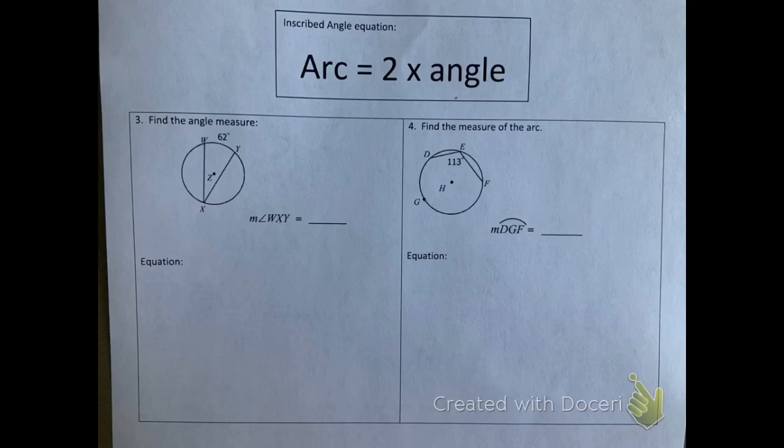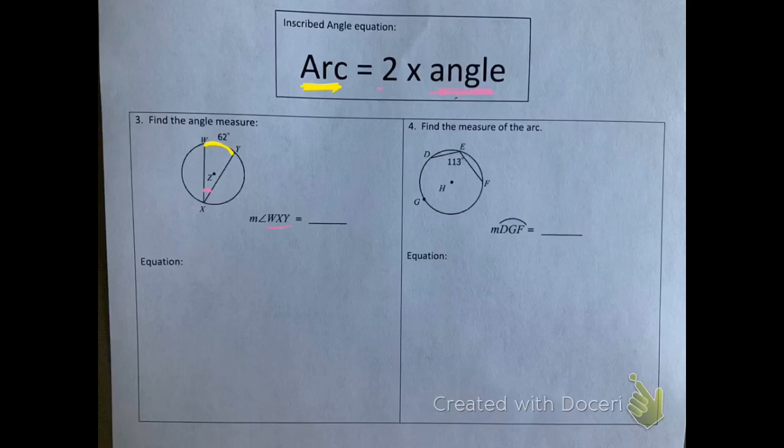So for these last 2 examples, we're going to use the observation of an inscribed angle in relation to the intercepted arc. And here is our equation. So the arc, which I'm going to highlight in yellow, is always double the angle, which I'll highlight in pink. So in this first picture, the arc is 62 degrees, and the inscribed angle, this angle right here, is what we're trying to find.